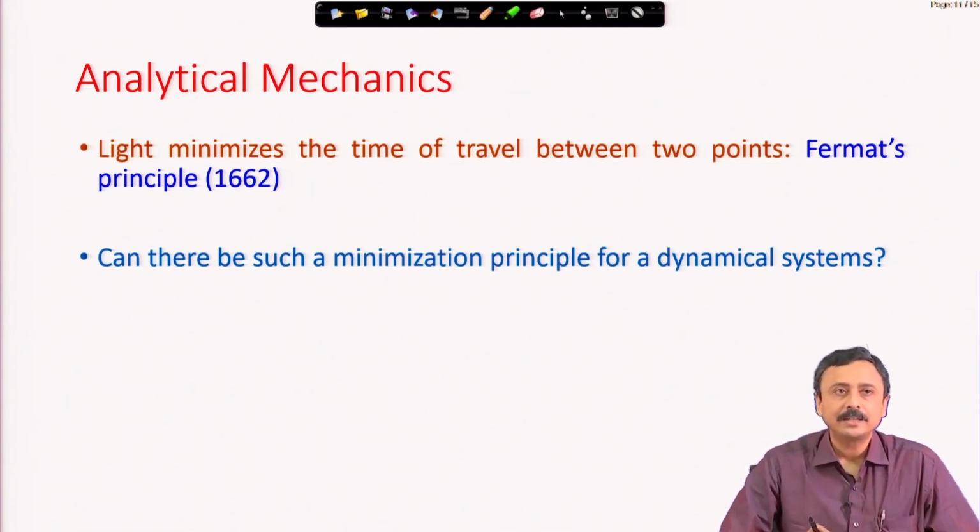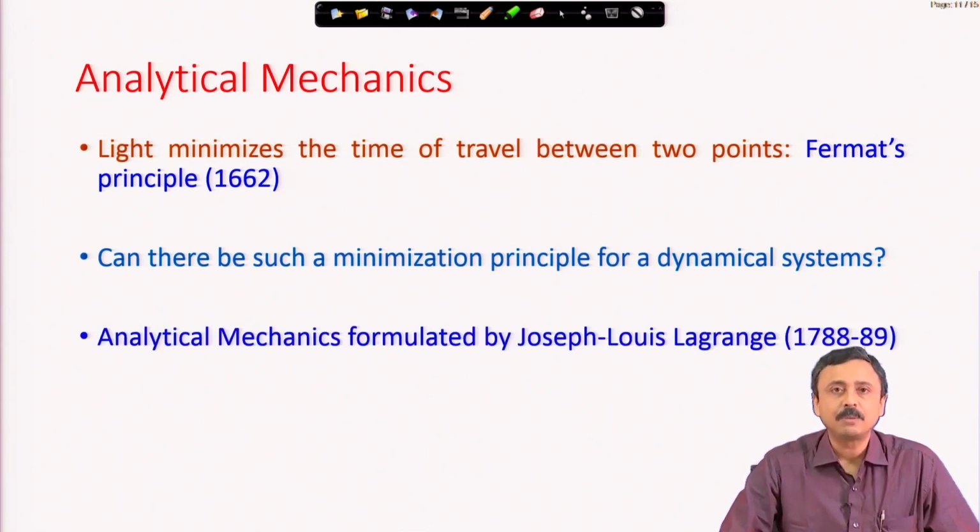Can we say that when a dynamical system evolves, something is minimized or maximized, extremized? Can we formulate the motion, or the dynamics of a system, in terms of some minimization or some maximization, some extremization, just like light minimizes the time it takes to travel? So, can there be such a minimization or extremization principle?